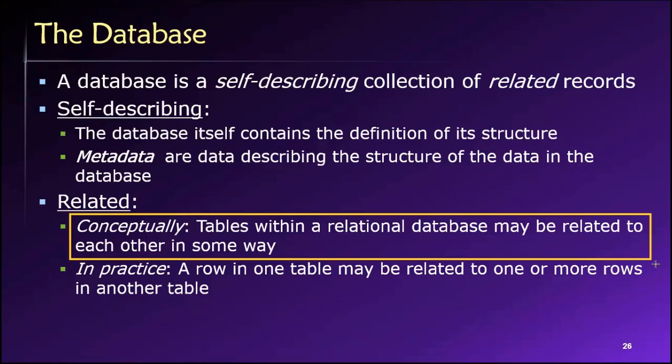Maybe we have two tables, like customers and orders, and the relationship is that each customer can place many orders with us, but each individual order is associated with just one customer.